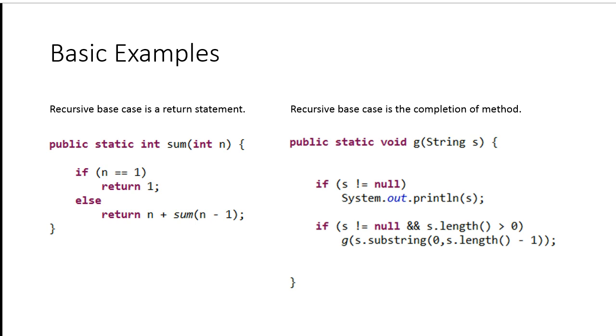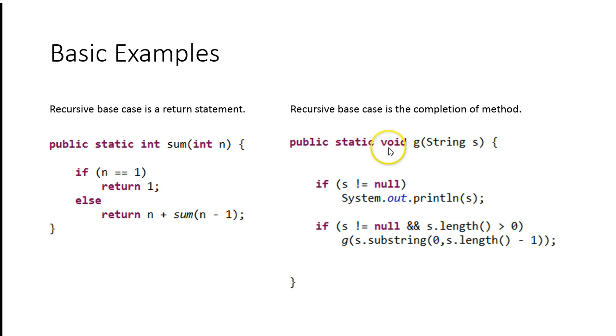So here are two basic examples of recursion. We often associate recursive methods with ones that return a value, but recursive methods can also be ones that don't return anything. This method on the left returns an int. It's called sum and it takes an int. This is the one from the previous slide. Here is the base case, and here's the recursive call.